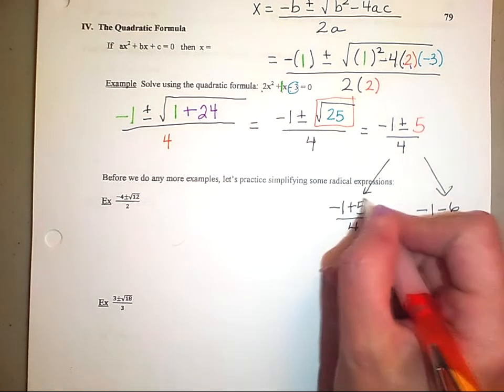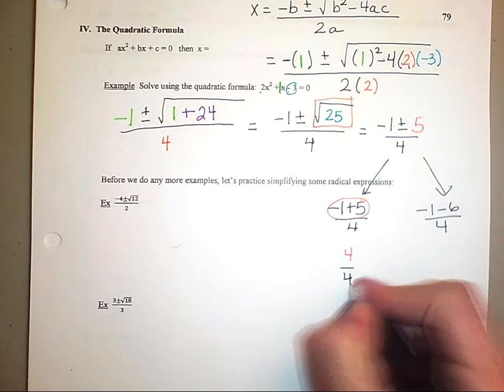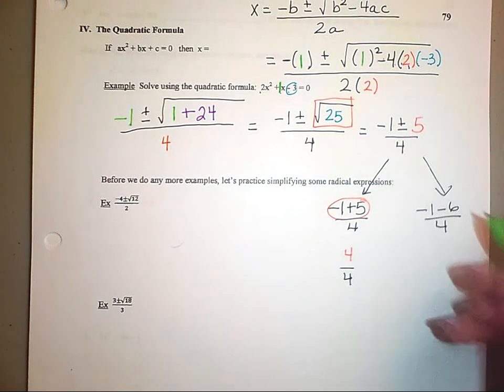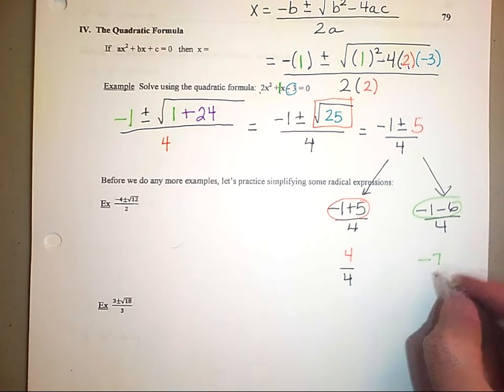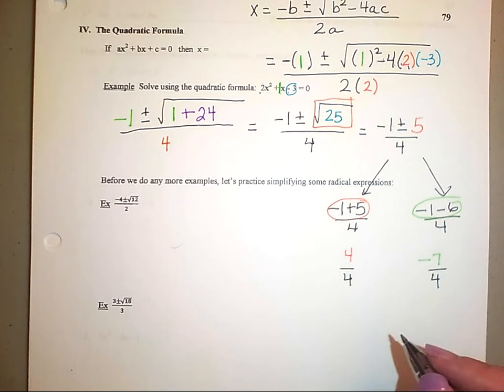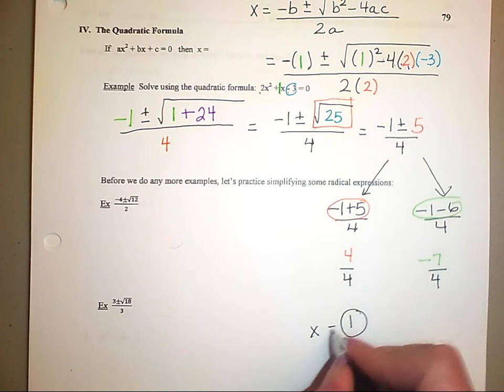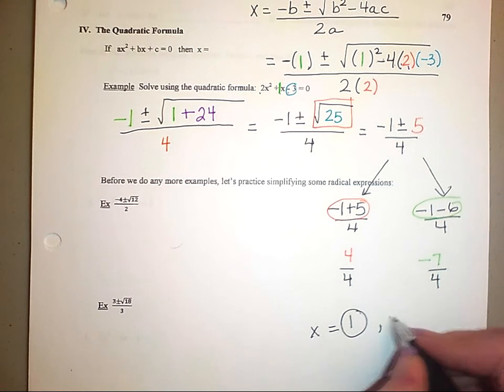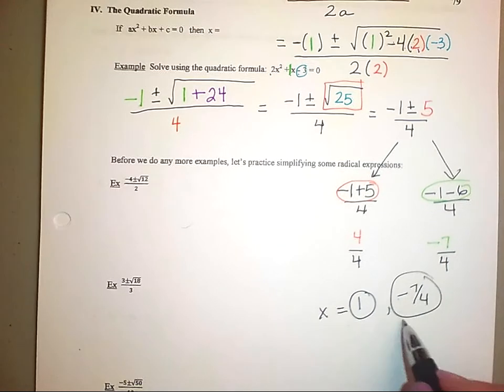And this will simplify. Negative 1 plus 5 is 4 over 4. And here, negative 1 minus 5 is negative 6 over 4. So 4 over 4 reduces to 1, so it's either that x equals 1 or x equals negative 7 fourths. These are our two solutions.